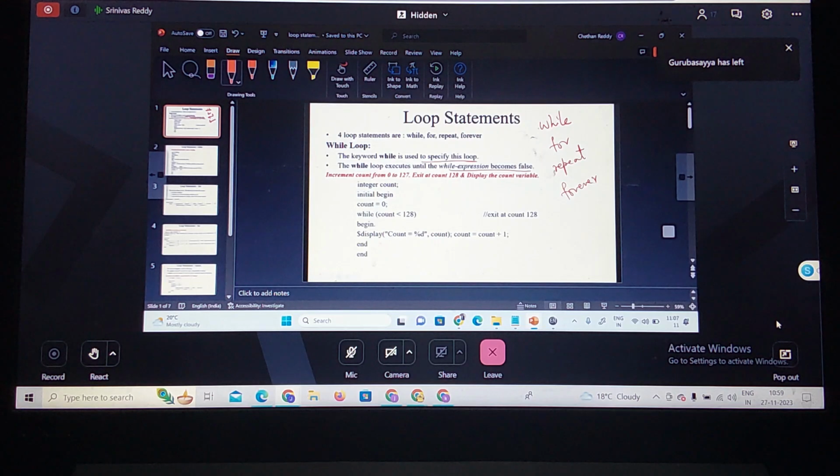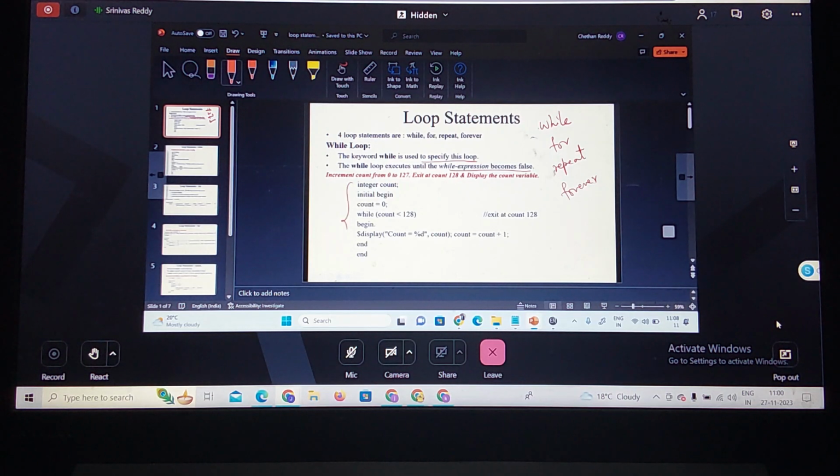You make the while expression always true. While of what? 1. While of 1 means what? If the expression is true, then the body of that while loop keeps executing since the condition is true. Did you understand? So the while loop executes until the while expression becomes false.